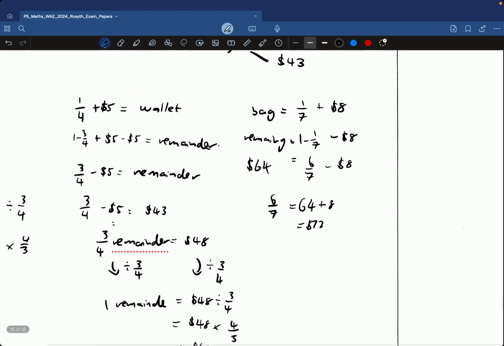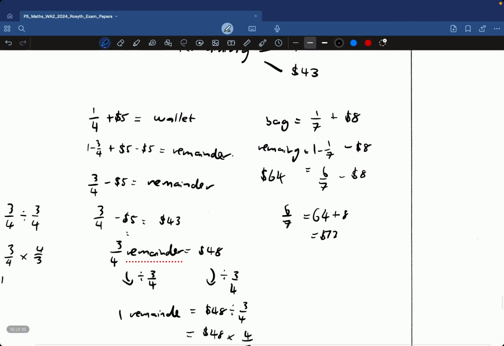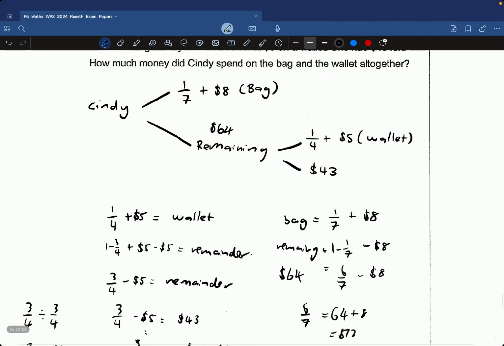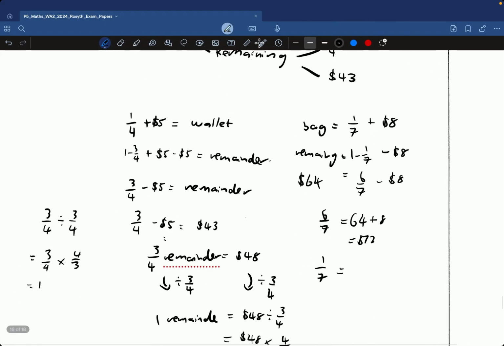We want to know the total Cindy had, which is 7 units. We know 6 over 7 is $72, so 6 units equal $72. What is 1 over 7? It's 72 divided by 6, which gives you $12.